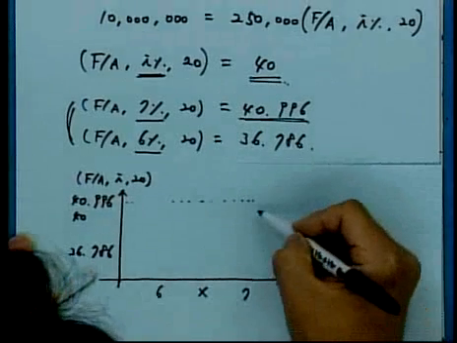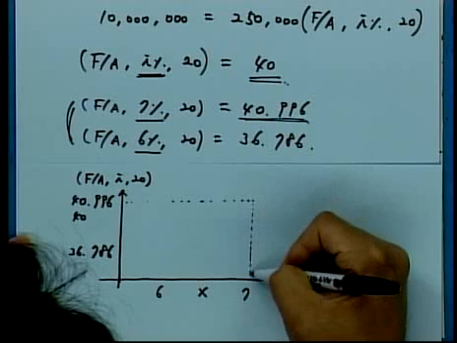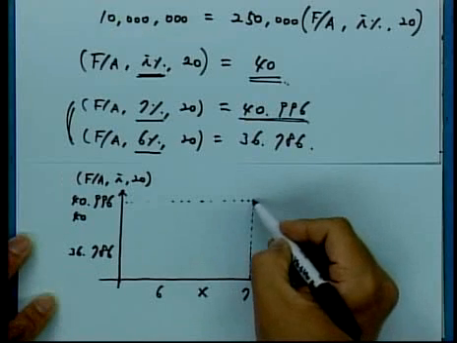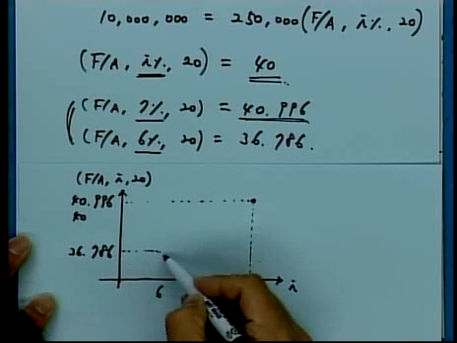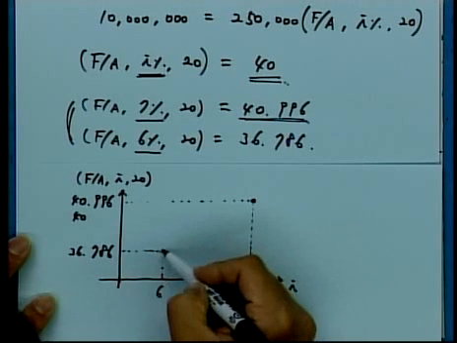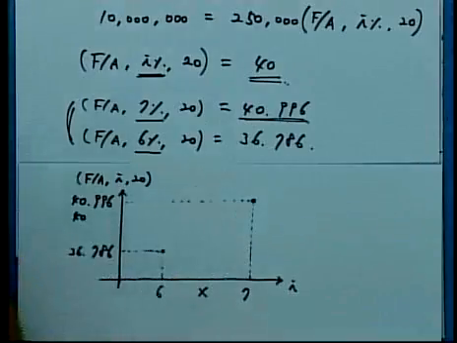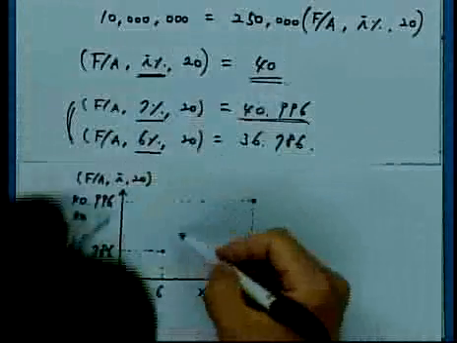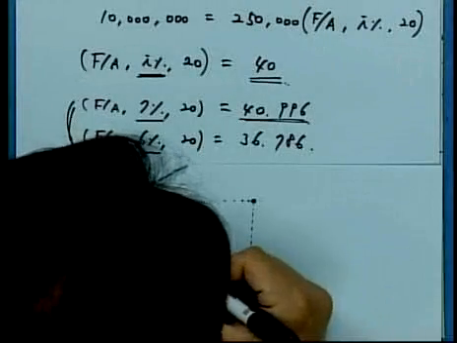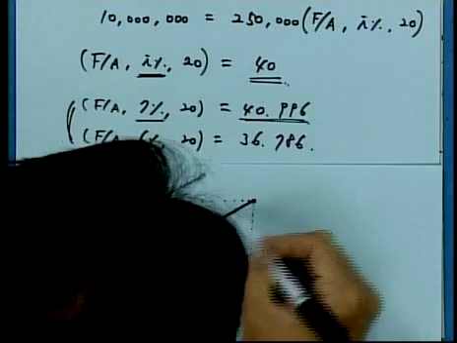If it's 7%, it provides 40.996. If it's 6%, it provides 36.786. So you need to connect these two points.